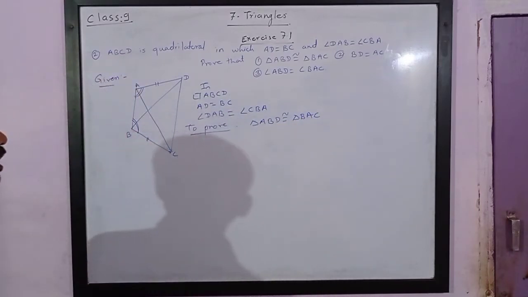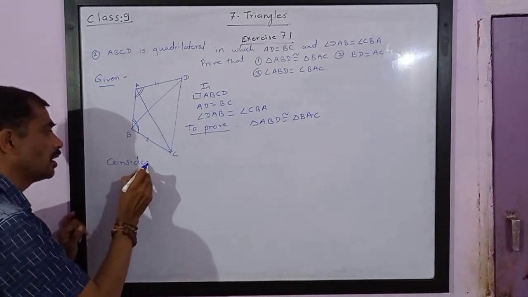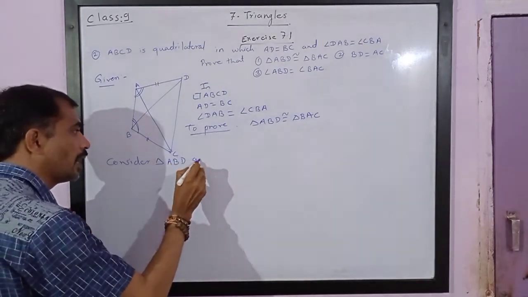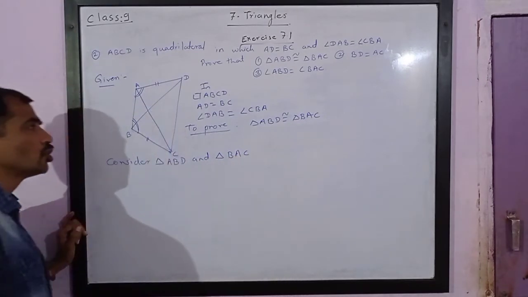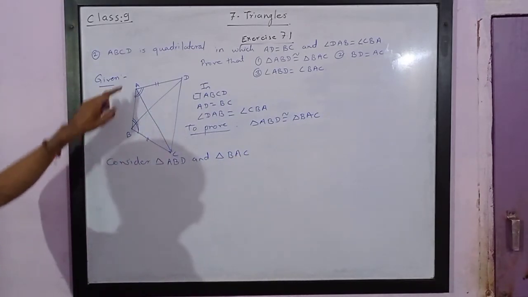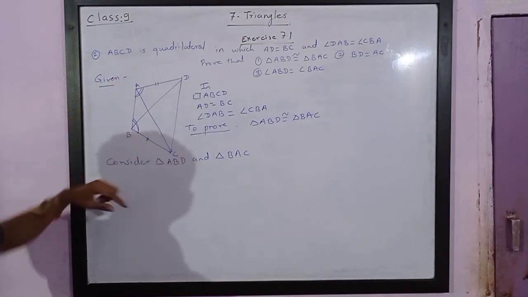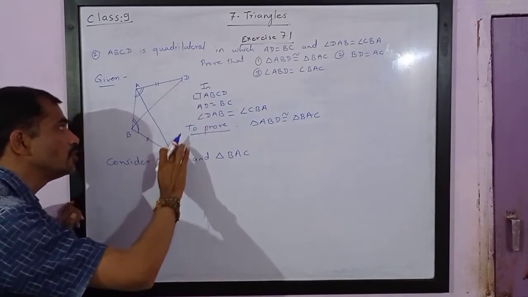Now let us try for this. Consider triangle ABD and triangle BAC. So look at these triangles only, ABD and BAC. Don't look at this confusing part. This is confusing you.